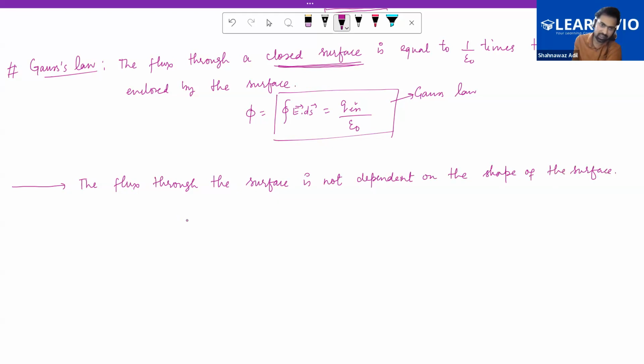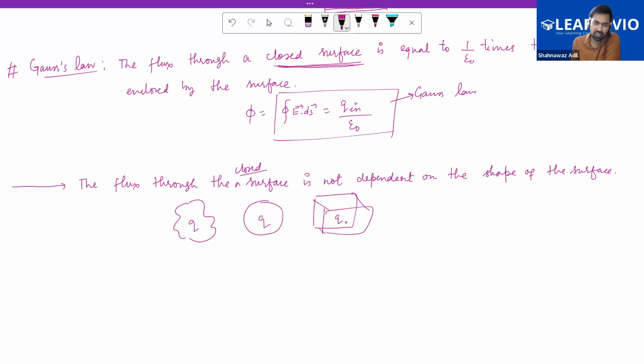Whatever kind of surface you take, and let's say this is Q charge, whatever shape, whatever closed surface you take, this flux would always be Q enclosed by epsilon naught for all the cases.